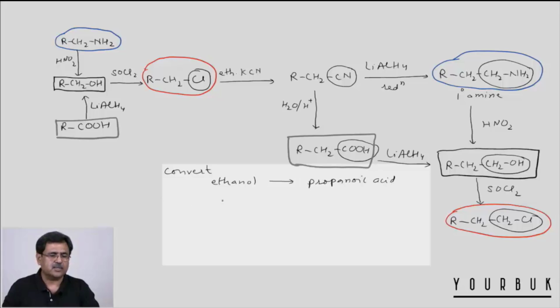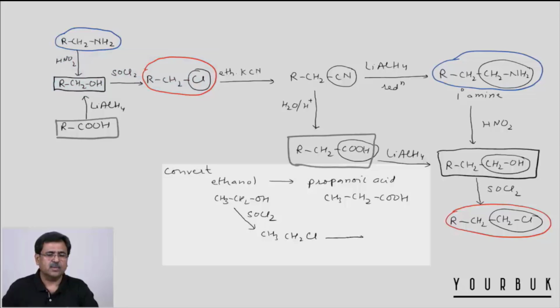First of all, we write the structures. So we write CH3CH2OH, and our aim is to prepare propanoic acid with one carbon more than the parent alcohol. So we proceed via this flow chart. First we convert this alcohol into alkyl chloride using SOCl2 or PCl5.